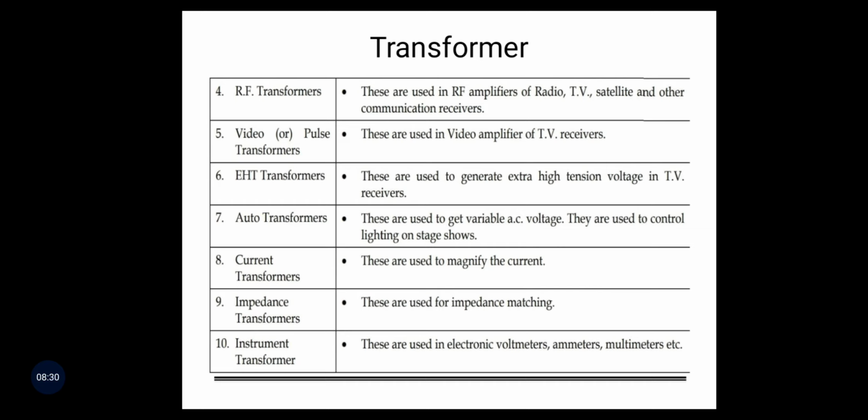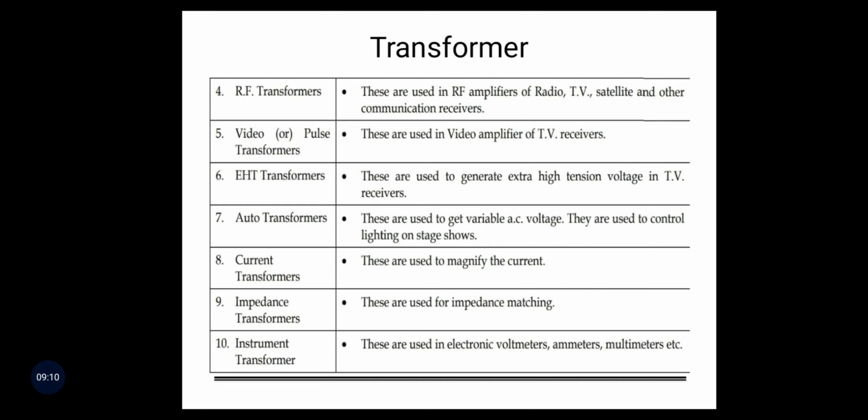Next, auto transformers. These auto transformers are used to get variable AC voltage. Auto transformers are used to control lighting on stage shows.